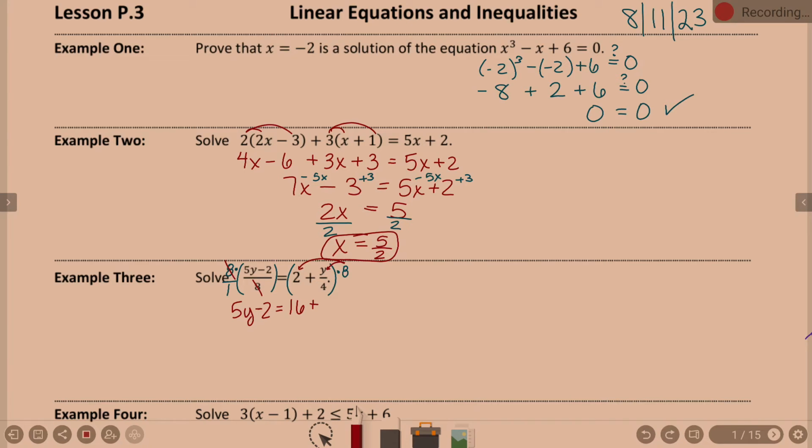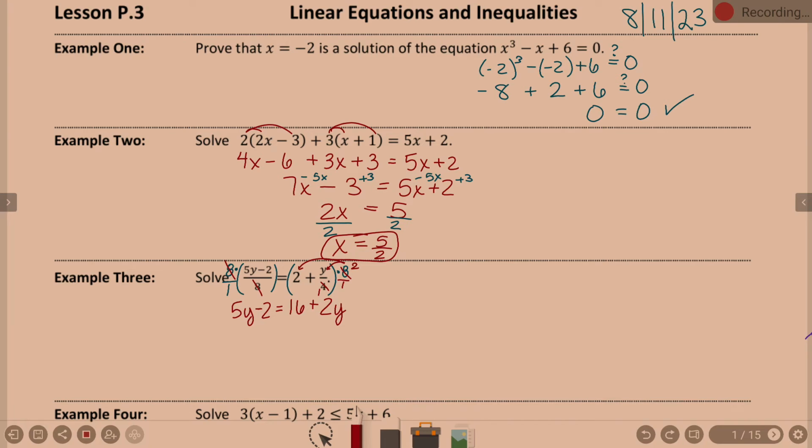Now, when you multiply y over 4 times 8, make 8 into a fraction. What can I do with that 4 and that 8? Simplify, and then the 2 will go to the y. You're going to cross cancel, simplify. 4 divided by 4 is 1 and gone. 8 divided by that same 4 is 2. 2 times y is 2y.